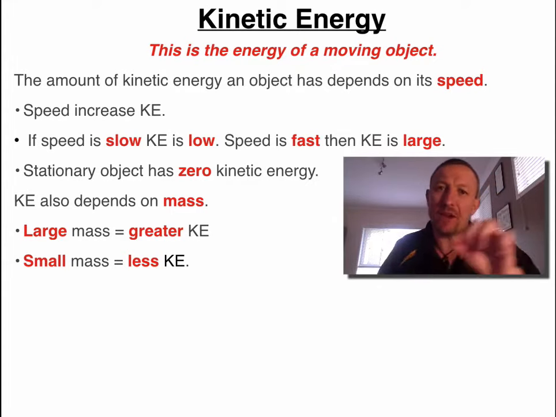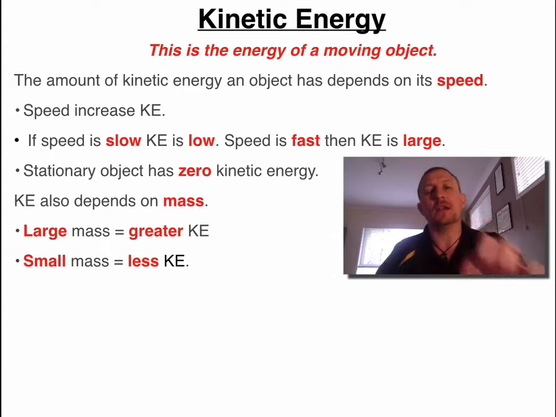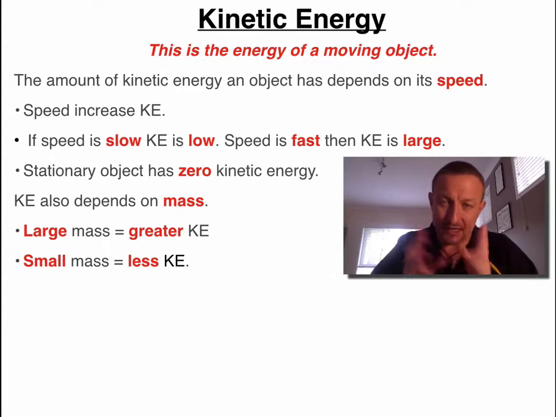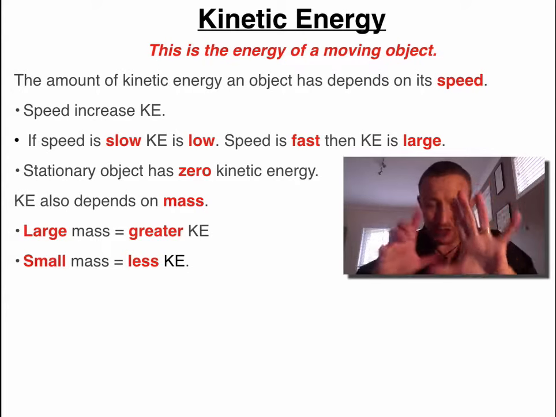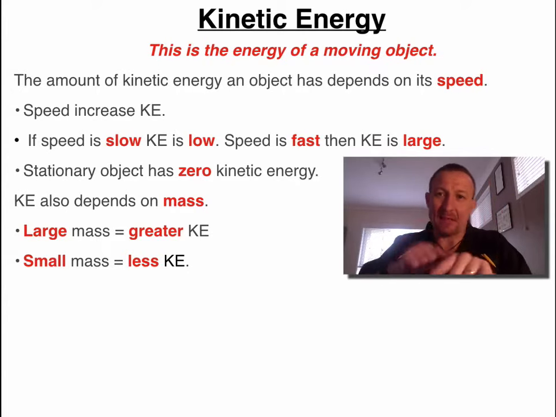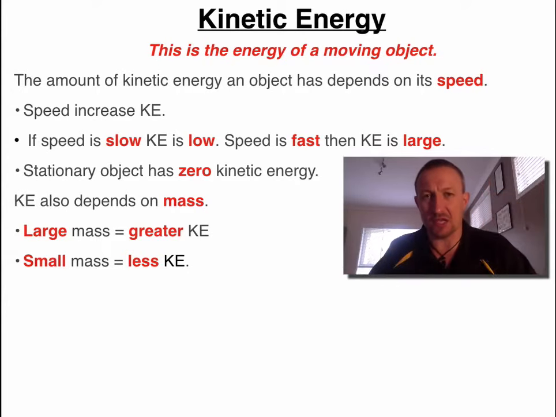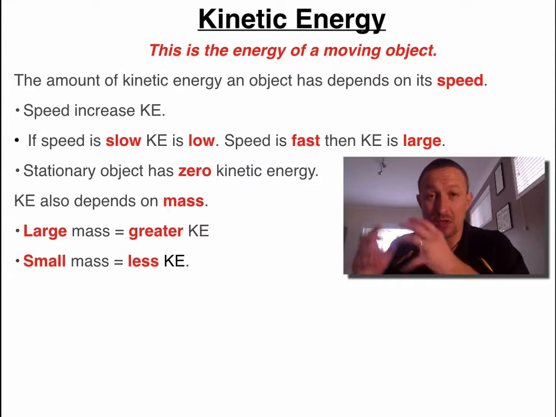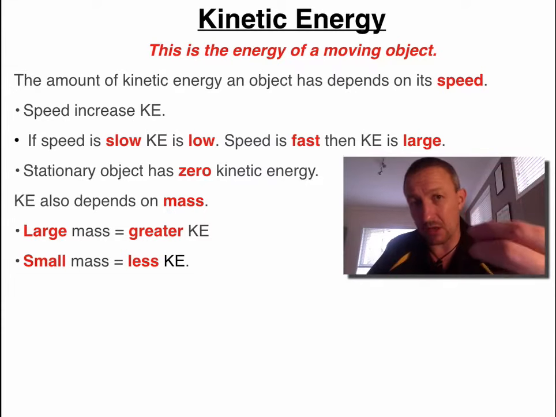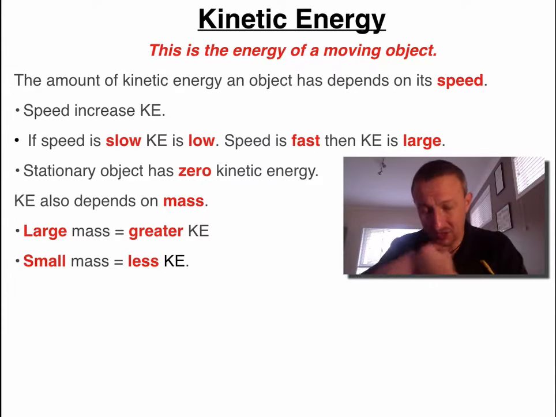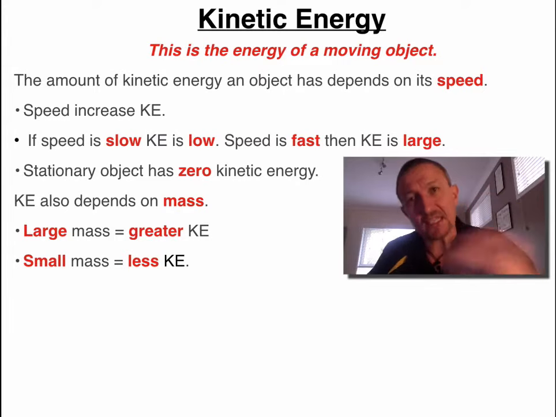Now the second variable is the mass. It works on a proportionality constant: as the mass increases, so does the kinetic energy. So the heavier you are, the more mass you've got, the more kinetic energy you've got when you are moving.